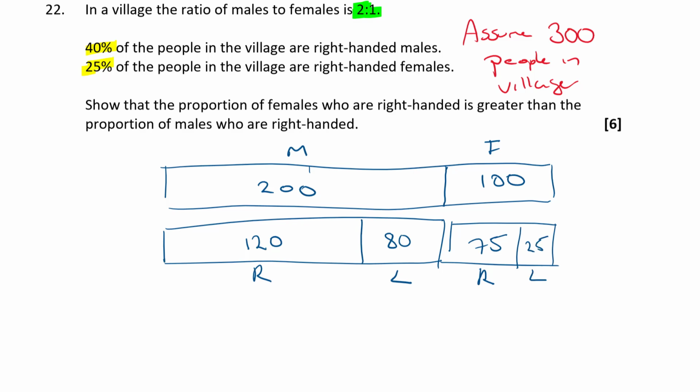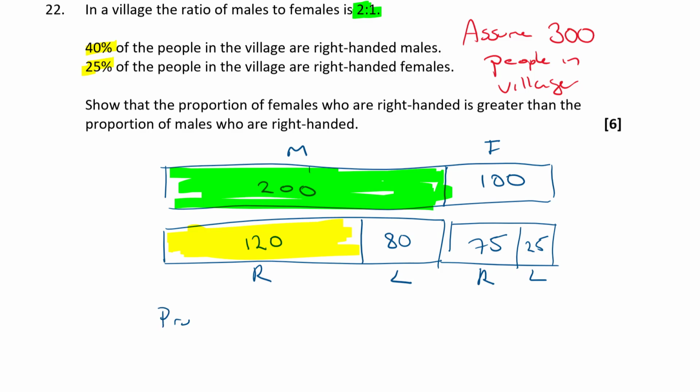Okay? So show that the proportion of females who are right-handed is greater than the proportion of males who are right-handed. Okay, so the proportion of males who are right-handed is going to be this 120 as a fraction of the males, isn't it?